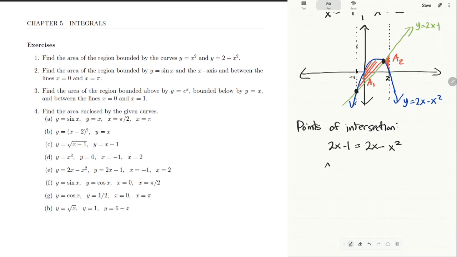So that gives us x squared minus 1 is equal to 0. And we can solve for x squared. So that gives us x squared equals 1. And x equals plus or minus the root of 1. So x is plus or minus 1. And so that tells us that the x-coordinates of their points of intersection is at -1 and +1.